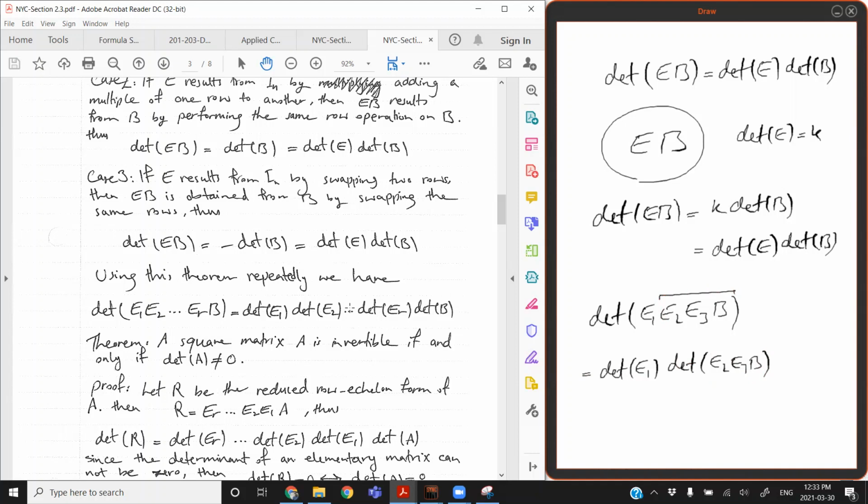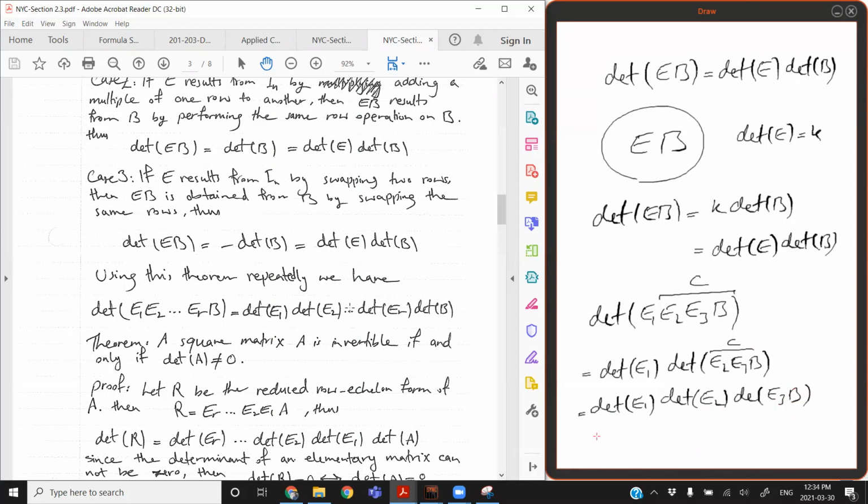you can name it C, and determinant of E1C, if I call that C, is equal to determinant of E1 times determinant of C. Then by applying the same theorem again, this is going to be determinant of E1 times determinant of E2 times determinant of E3B.